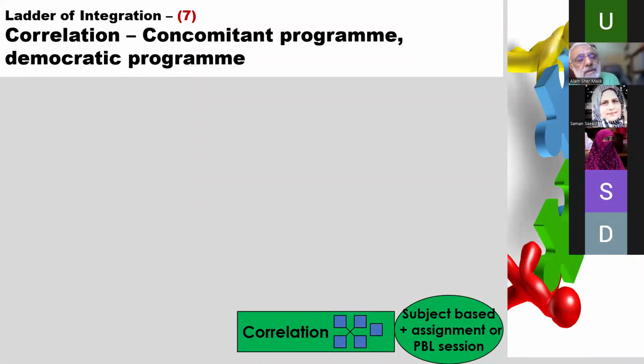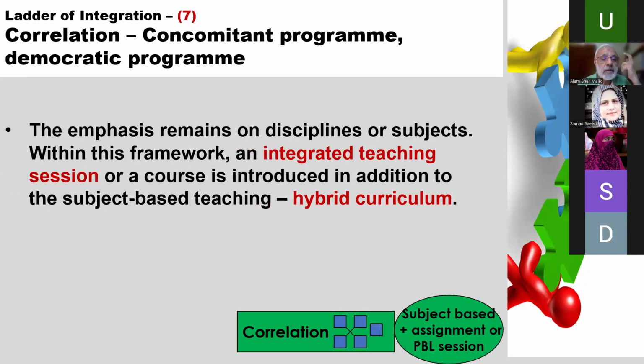The seventh level of integration is correlation, where, although still subject-based to some extent, there are assignments and problem-based learning sessions, for example, which bring the disciplines together. So in the correlation program, the emphasis still remains on disciplines or subjects.